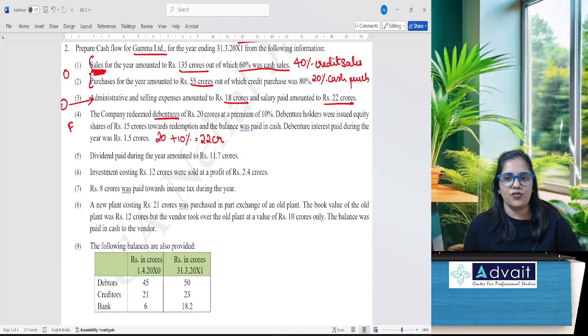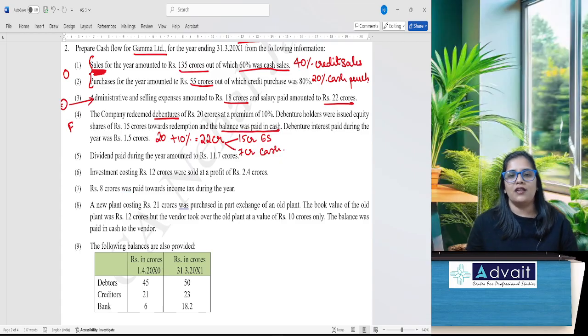Debenture holders were issued equity shares of 15 crores towards the redemption and cash. That means out of 22 crores that was payable to the debenture holders, 15 crores was paid in form of equity shares and the balance 7 crores was paid in cash.